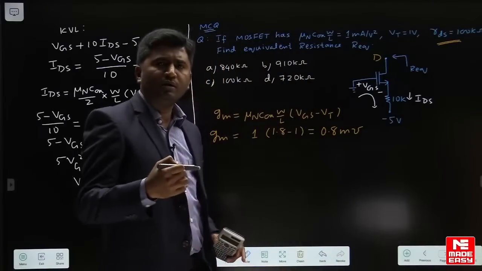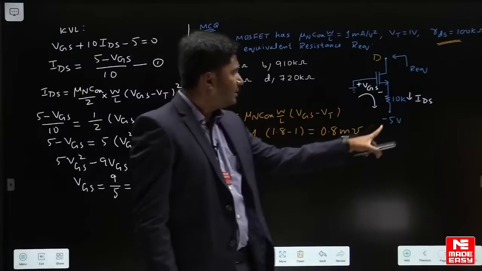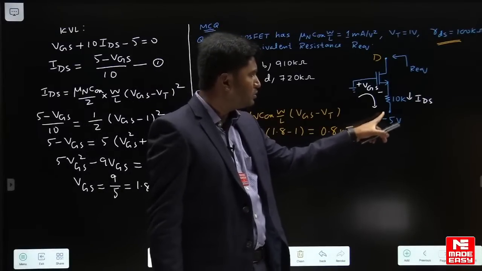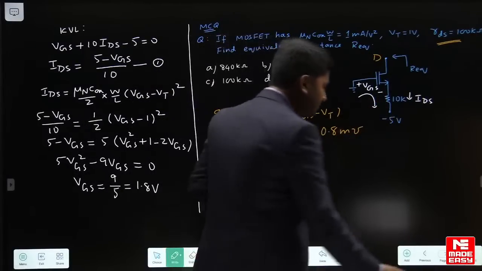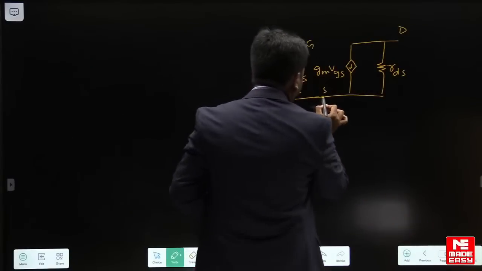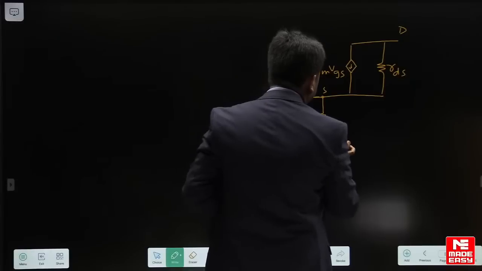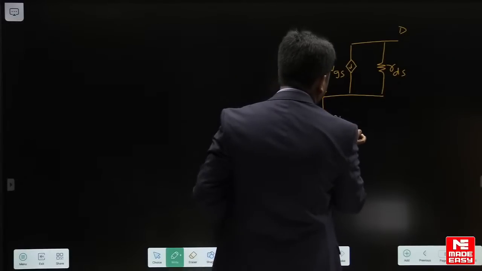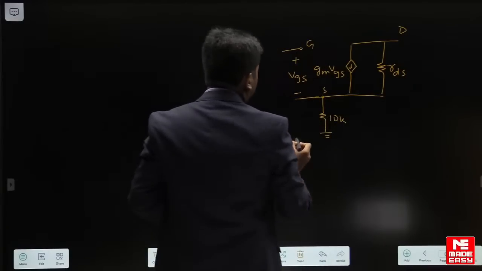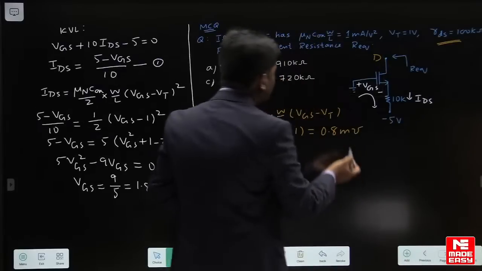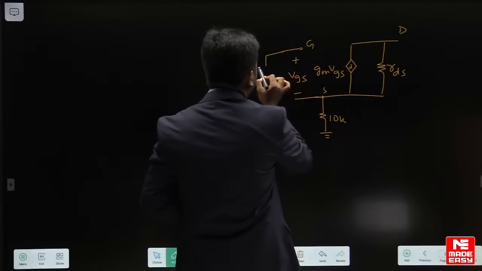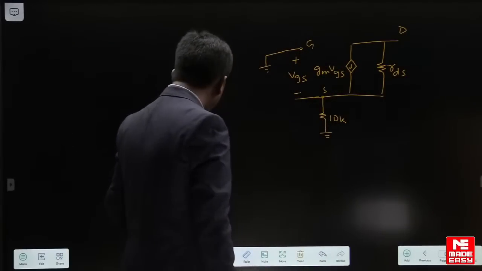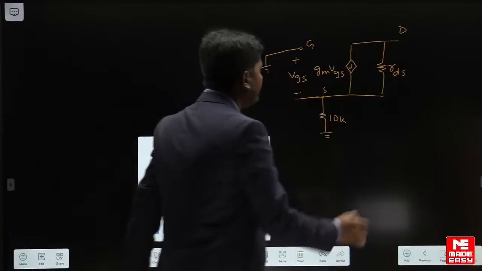Now you show the remaining elements. In our small signal AC analysis, that supply node will be grounded, so 10K will appear between source terminal and ground. तो हम यहाँ पर 10K रेजिस्टर को दिखा देते हैं, fine, and gate is grounded here, so gate connected to ground, and we are trying to find the resistance between drain and ground.